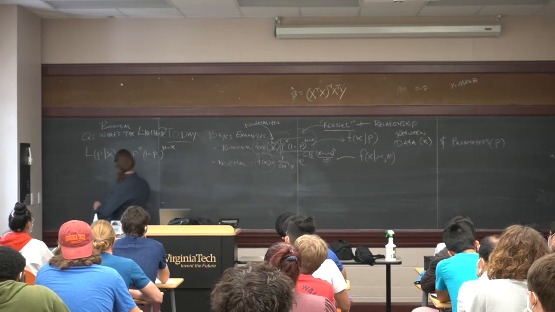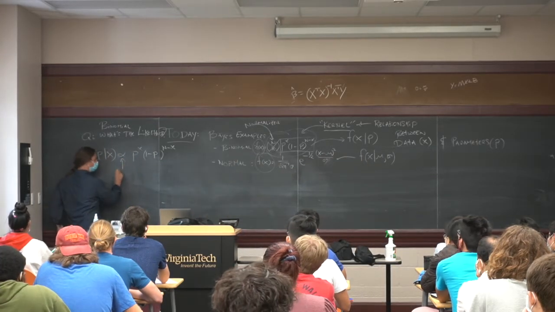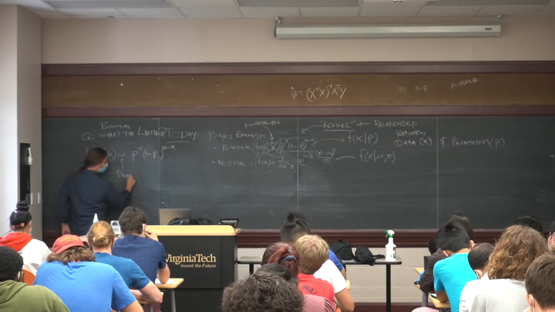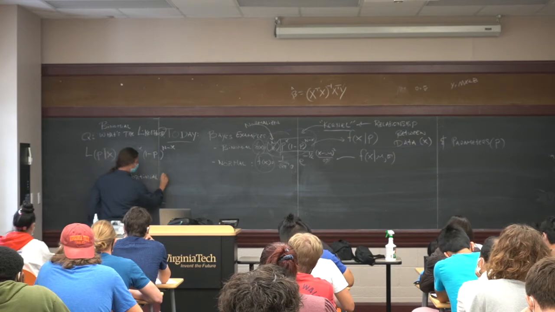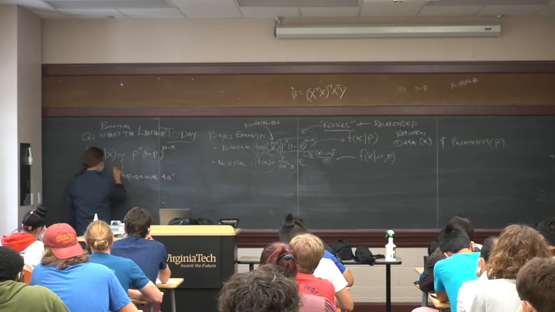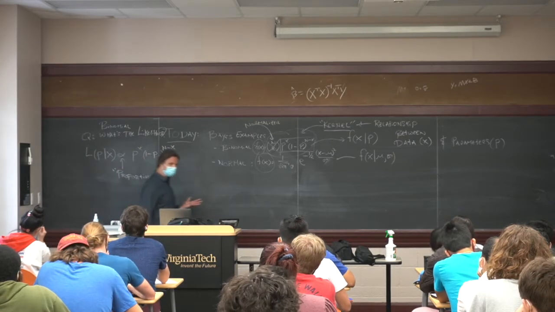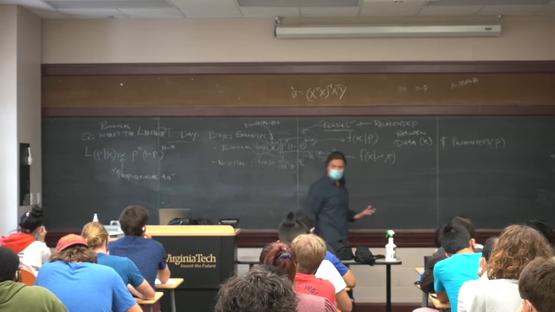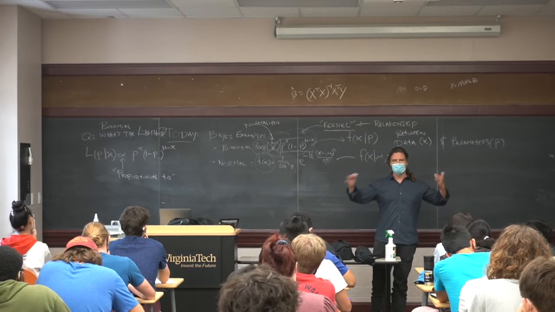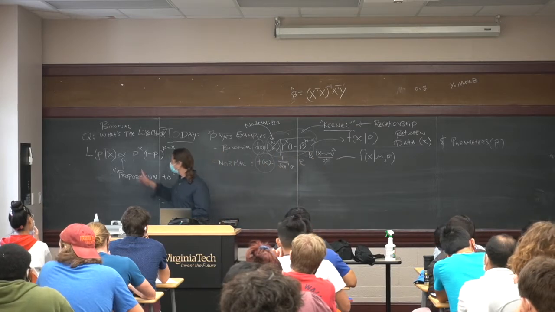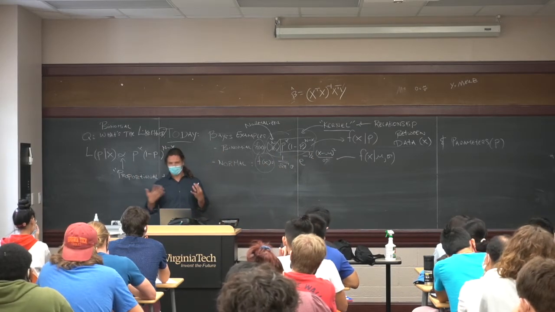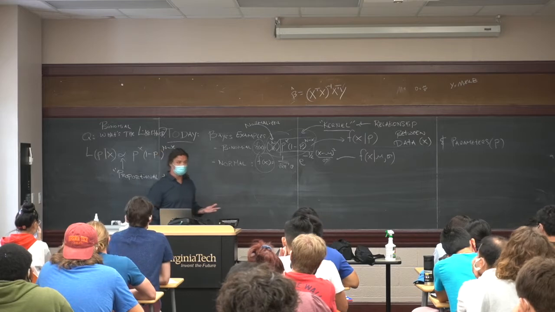But I will use this notation all the time. Proportional to. And that means I can multiply by any constant, it's still the same likelihood function. So likelihoods are relative to themselves. We've said that before. So this is the first ingredient in being a Bayesian.